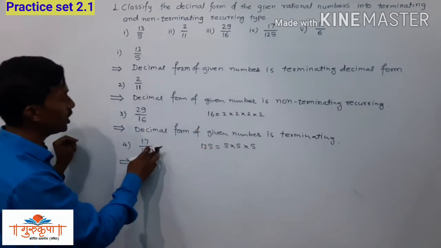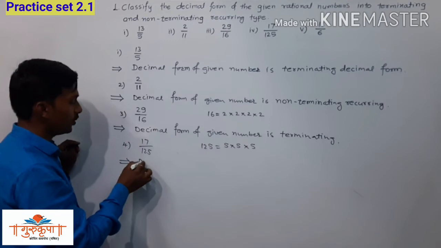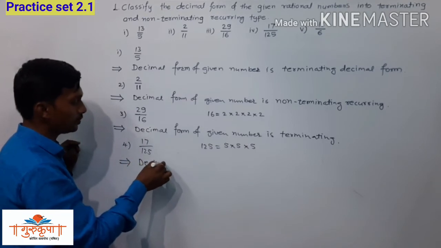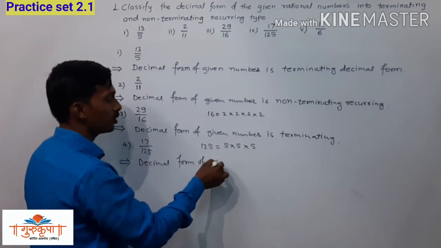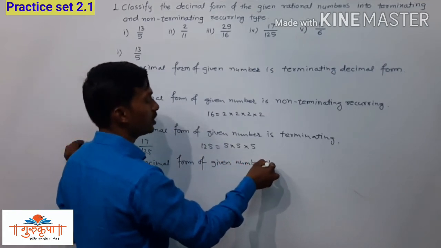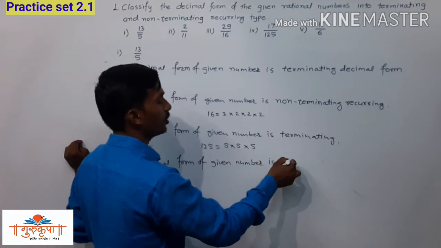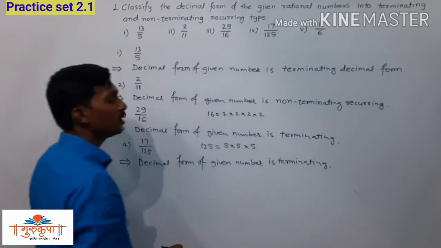So here you can write: decimal form of the given number is terminating.